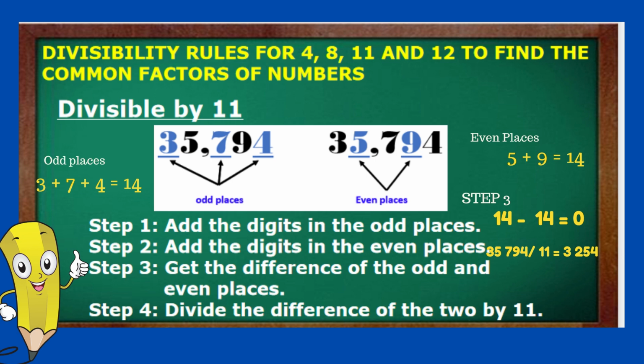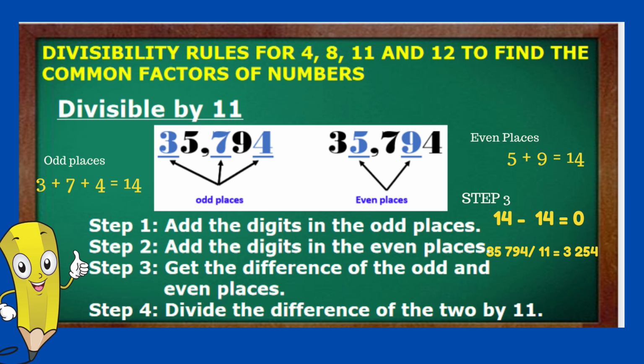35,794. Ang ating odd places is 3 plus 7 plus 4 is equal to 14. Ang ating namang even places ay 5 at 9. 5 plus 9 is equal to 14. Kapag binabawas natin ang odd places at saka even places, 14 minus 14 is equal to 0.